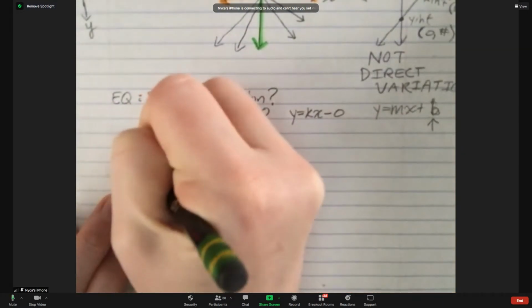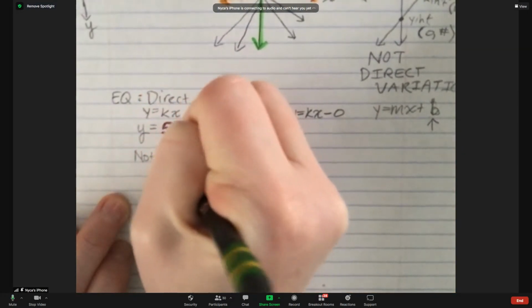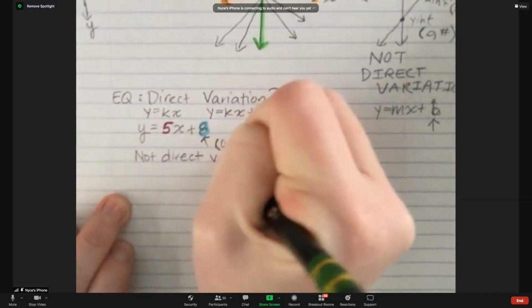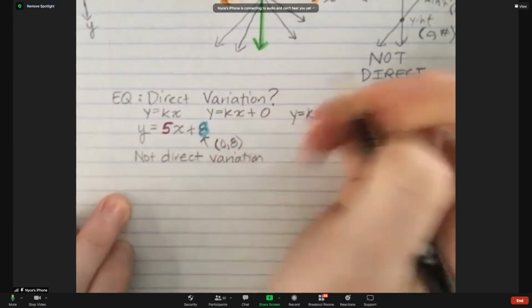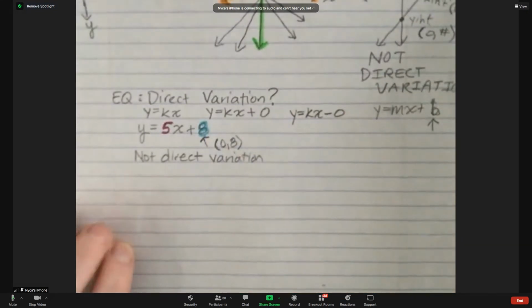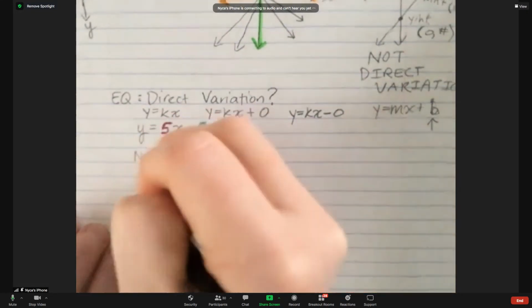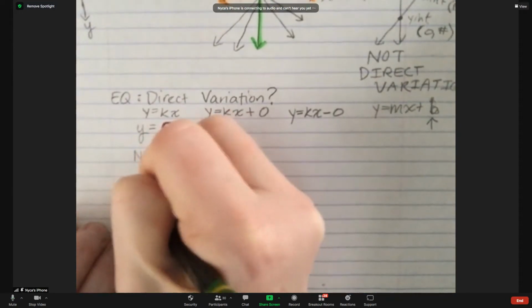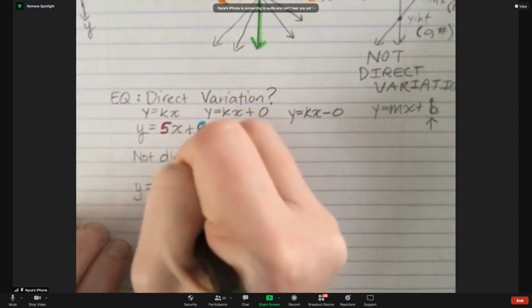This is not direct variation because it must go at 0, not at 8. So not direct variation. All right, what if I give you this? y equals 3.6x.